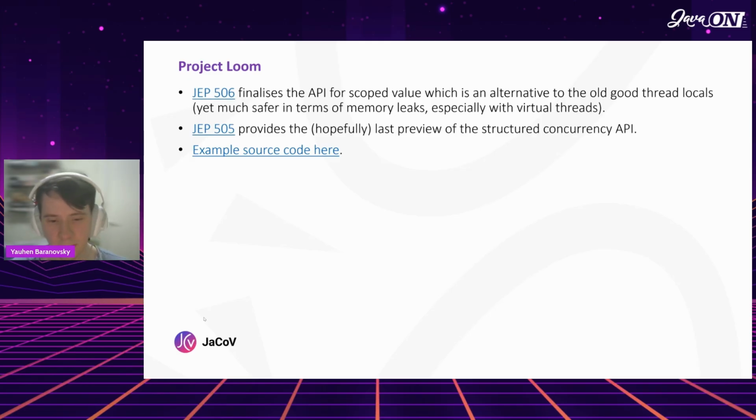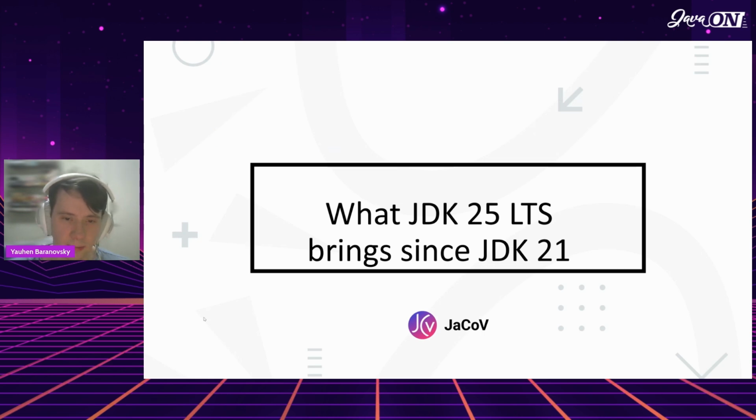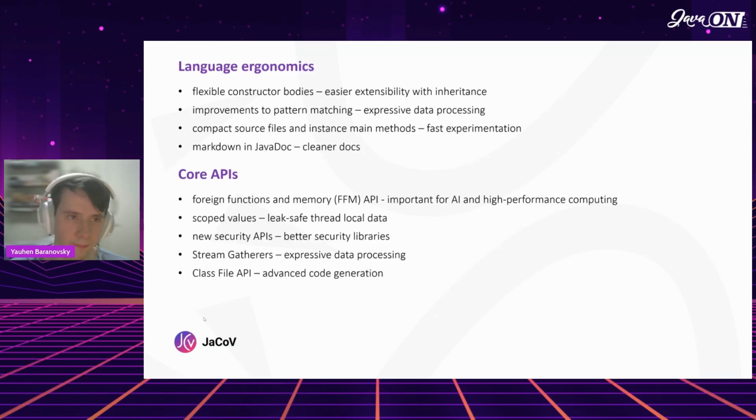And since it was quite a long time since the last long-term support release, which is 21, let's recap what JDK 25 brings us since JDK 21. First of all, it's about language ergonomics. This is about flexible constructor bodies. I demonstrated that in my project Ember example just a couple of minutes ago.